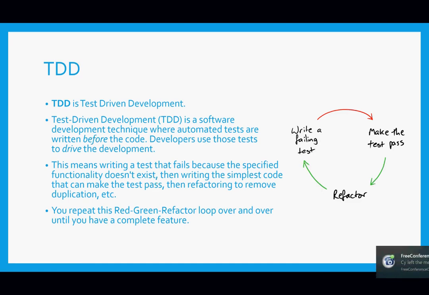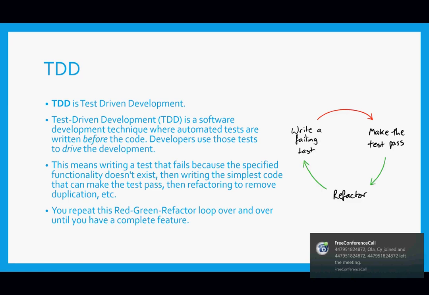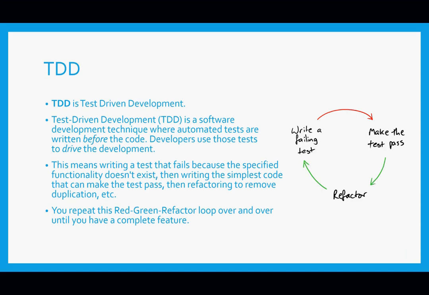So what a developer would do is write their test, and then make the test pass by writing the code. So your test comes first. Then because there's no code behind it, your test is going to fail. When your test fails because there's no functionality at all, you then write the code, and when the code is written, you start running your test.